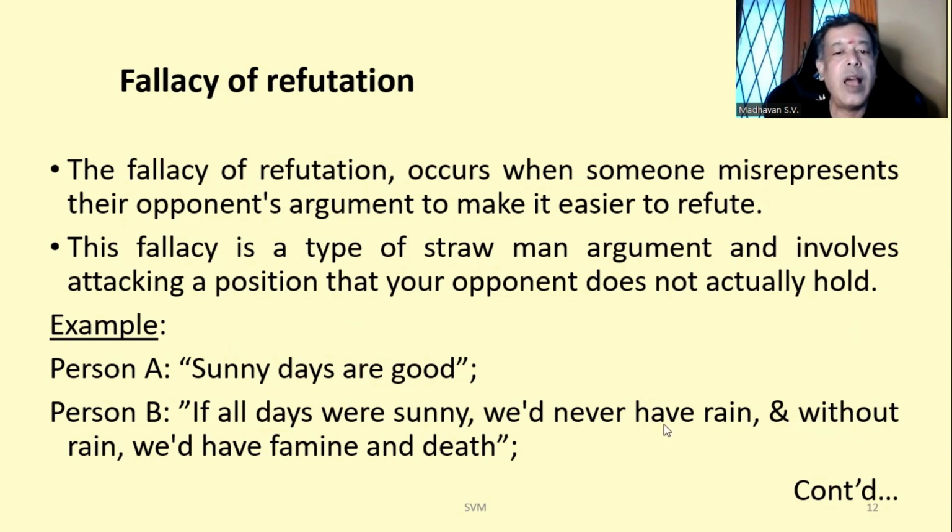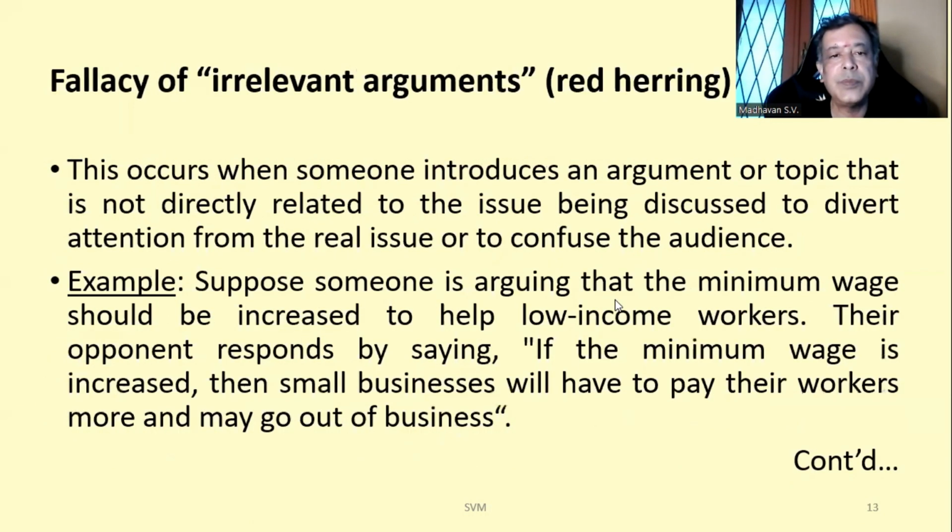Without rain, we would have famine and death. The first person only said that sunny days are good. That's all. He never said he doesn't want rain, or that he won't expect a famine or death and all those things. All these things are added here just to attack this person's argument. This person never said that he doesn't want rain. So that is basically fallacy of refutation.